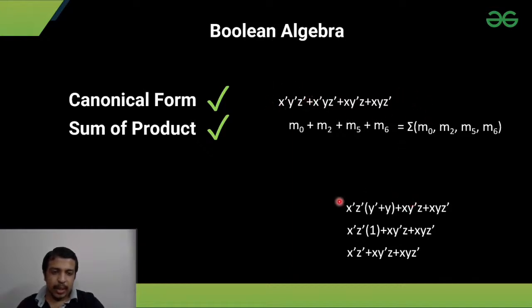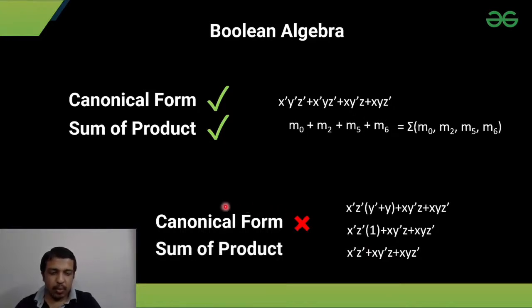But in this, this is not a canonical form because in the resultant expression, in this particular term y is missing. As y is not present in this particular term, we cannot say that this is a canonical form.